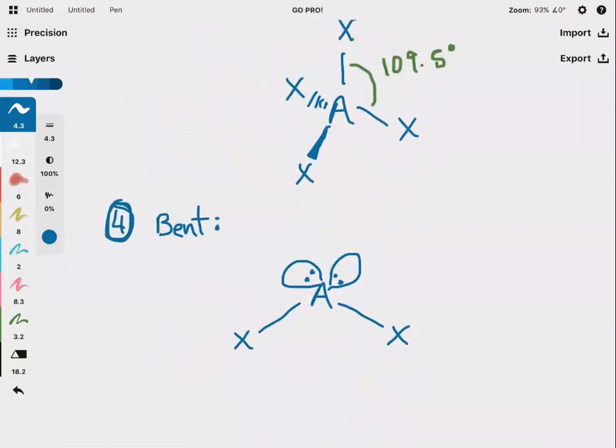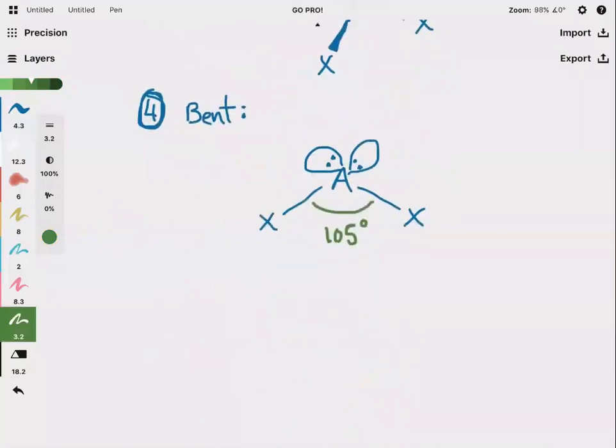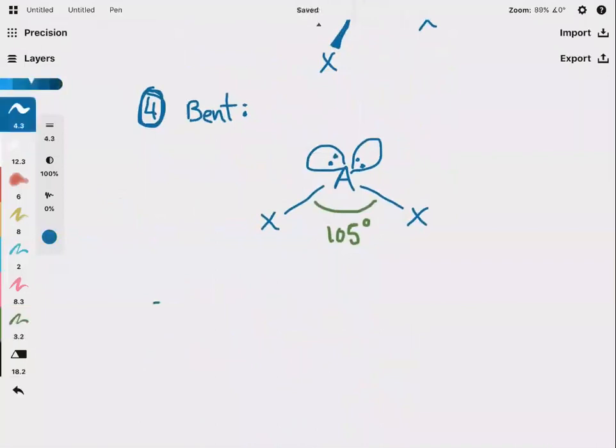And so the angle that we have between our two substituents is going to be a lot less than 180 degrees. In fact, it's going to be 105 degrees. And the last one we should be aware of is trigonal pyramidal.